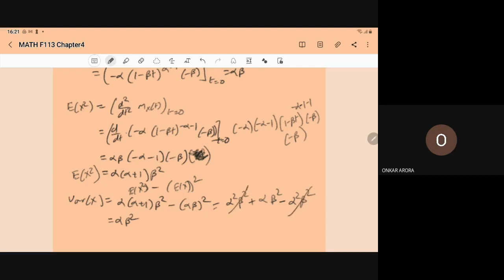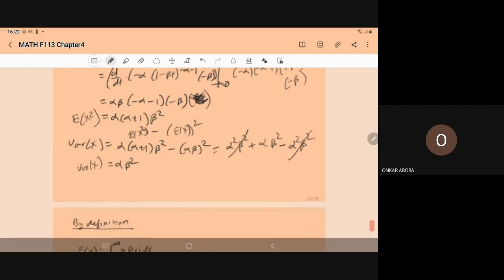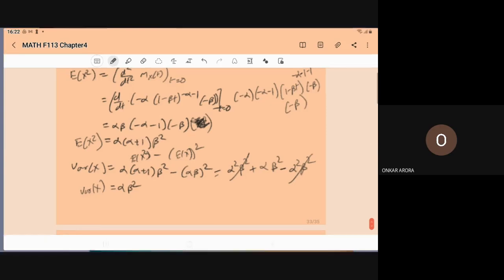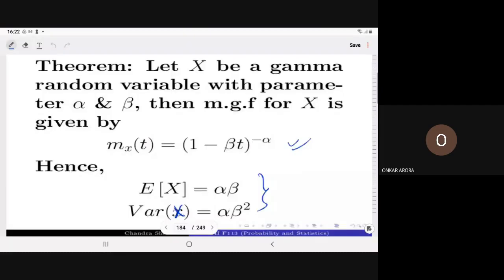These and these will cancel out, so here we have alpha beta square. That is the variance of X. So here we have the derivation of the variance of X, where X is a gamma variate with parameters alpha and beta.